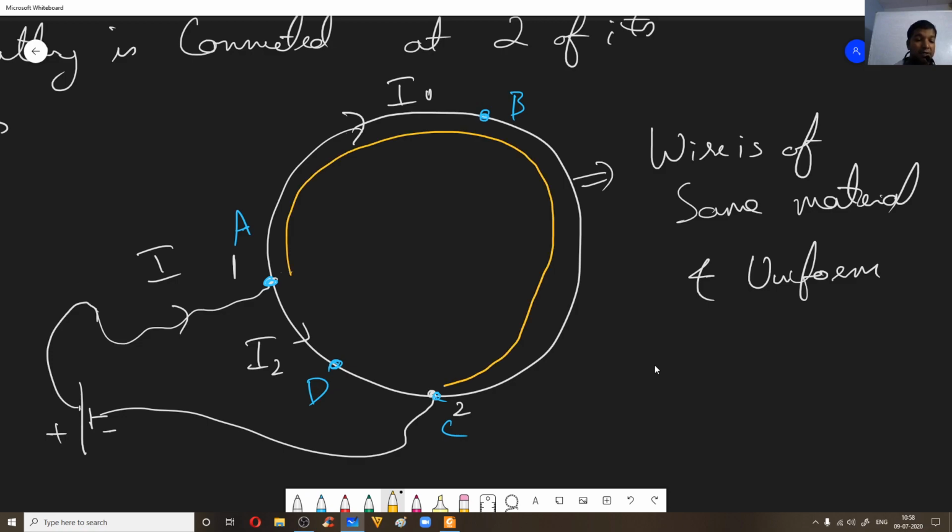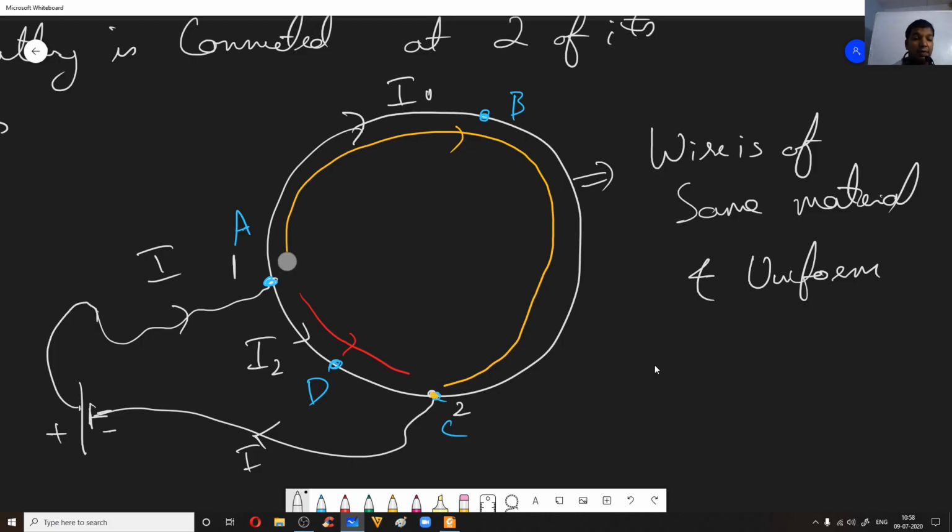Eventually, at point A or point 1, it will split, and at point C they will recombine and join again, and you will get back the total current I, which goes into the negative terminal of the battery. So this is the whole idea here.